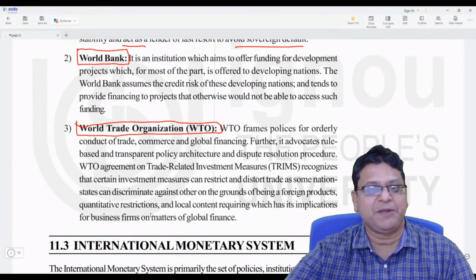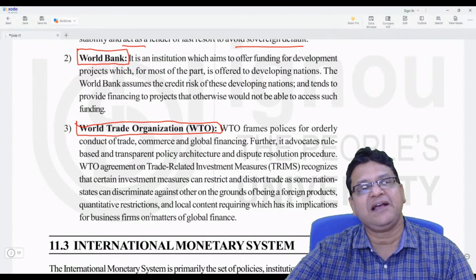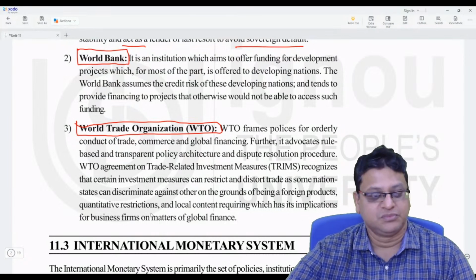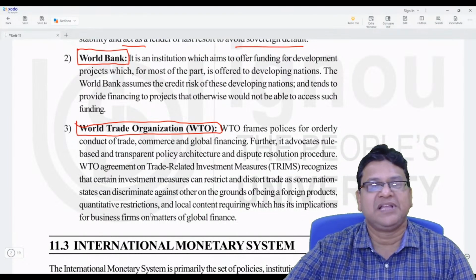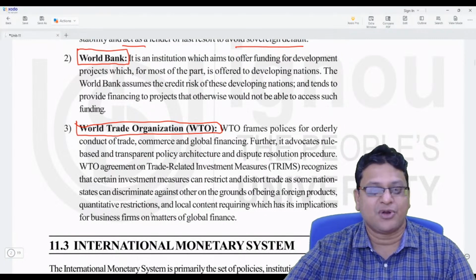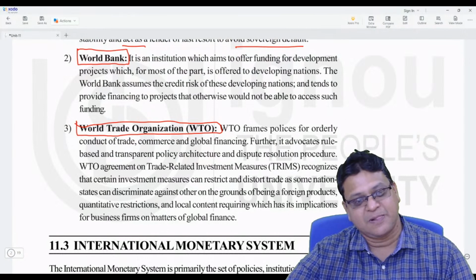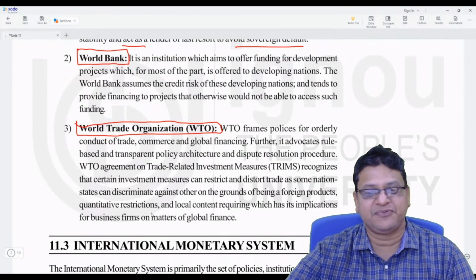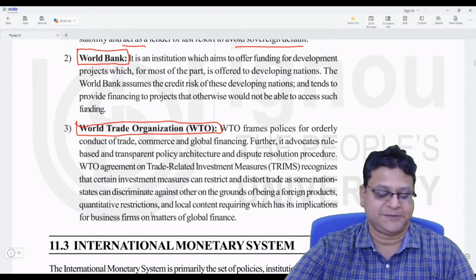It was attended by 44 countries, and they decided how to restore the world which was devastated by World War II. For this, they were trying to create some international or multilateral institutions. Among them, two are most important. One is IMF, another is World Bank.